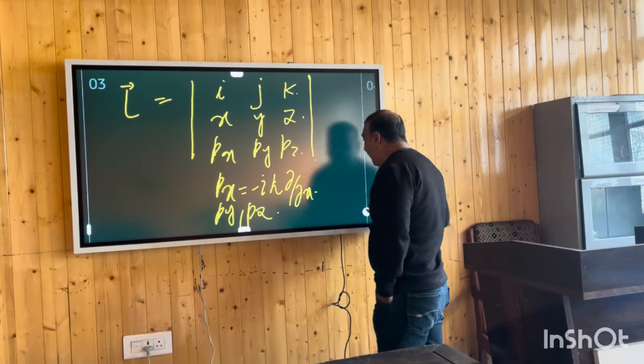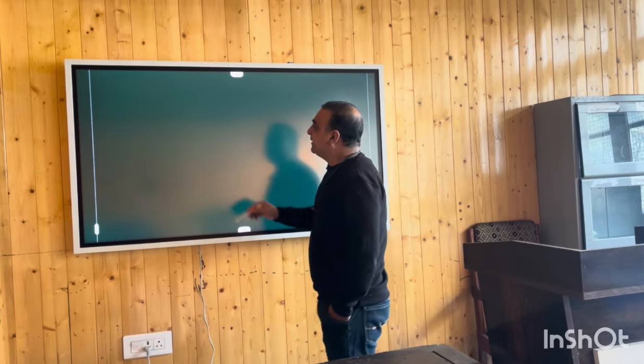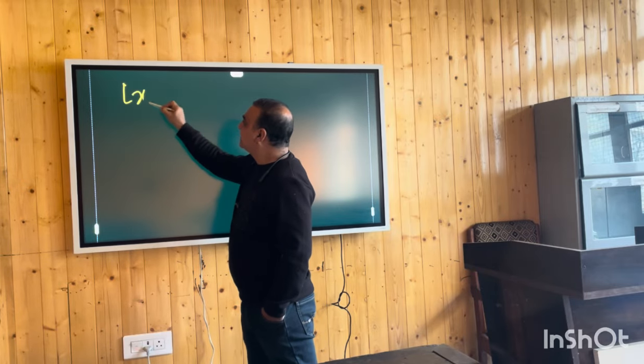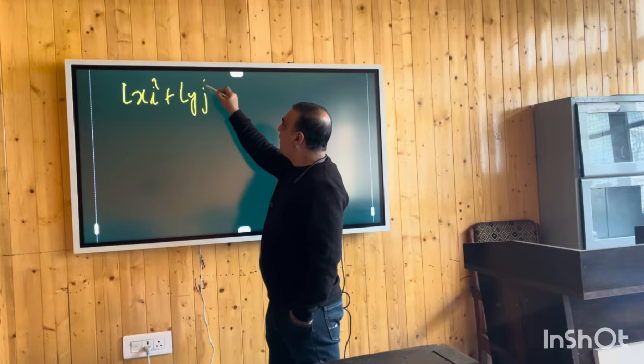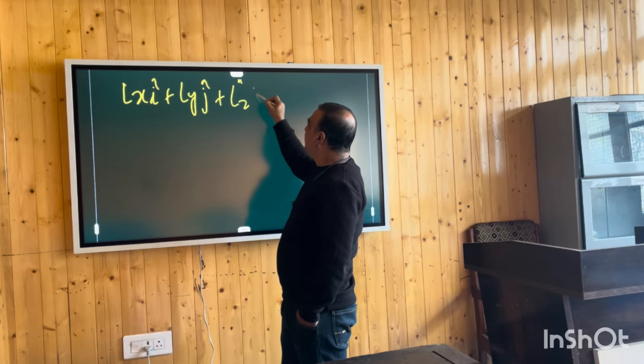So once we boil down this determinant, what I have on the left-hand side is Lx i cap plus Ly j cap plus Lz k cap.